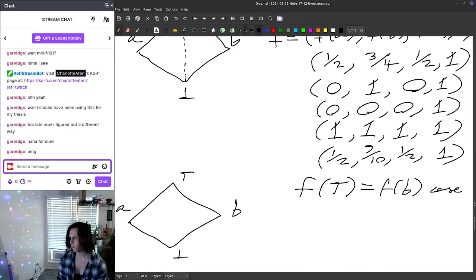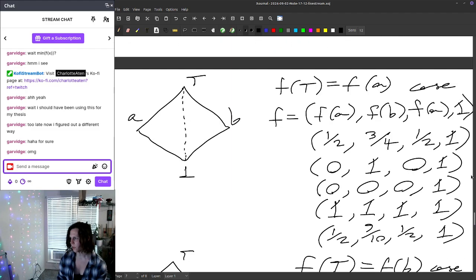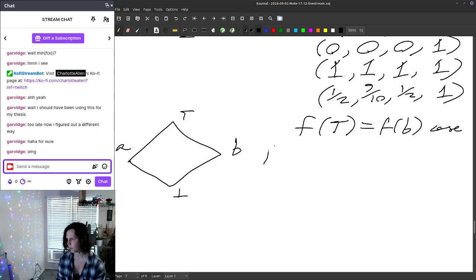Okay, so we still have to always send the bottom element to 1, so there's no way around that. So I'll just give that same generic picture.